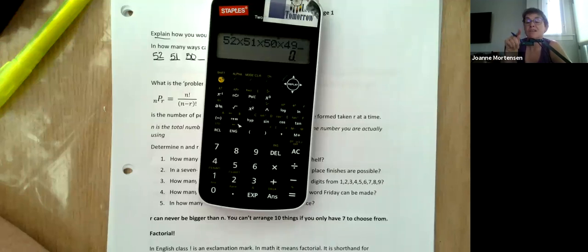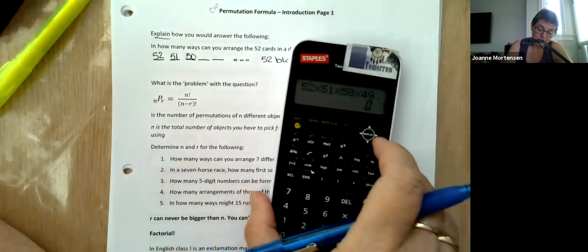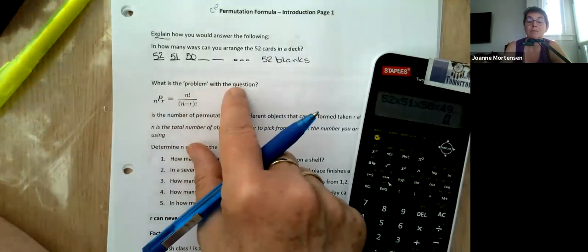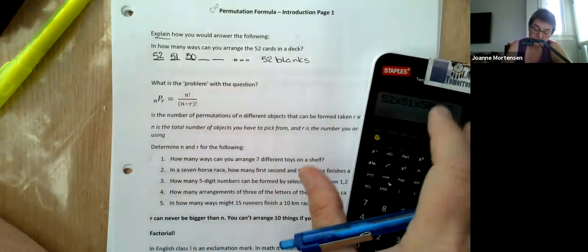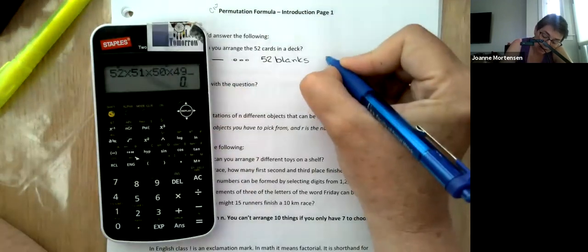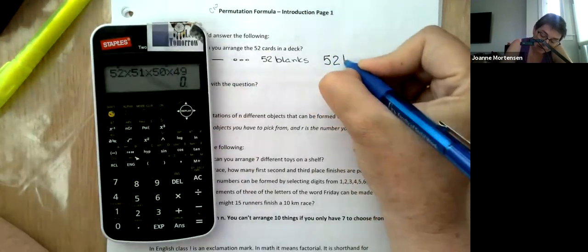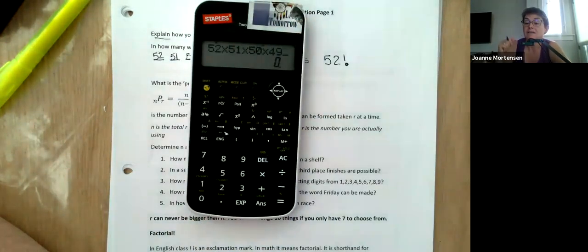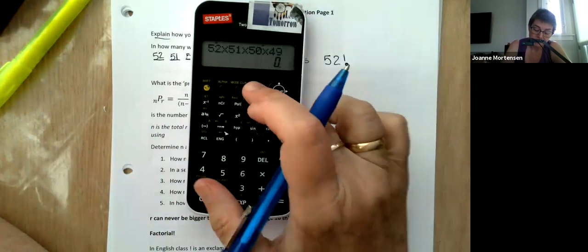So you already know one cheat for doing this. That is the factorial button. So cheat number 1. Basically, the problem with this question is it's going to take too long. So we can do 52. I know I'm getting ahead of myself, but it just makes our lives easier if I show you how to do it.